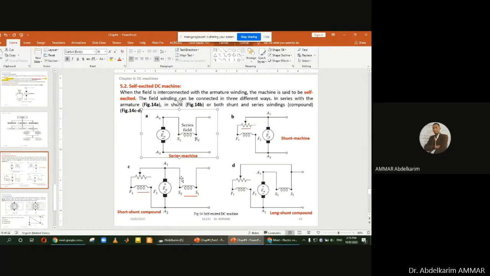The compound machine is connected in series and in parallel at the same time. We can see that the windings are connected, one in series and the second in parallel.